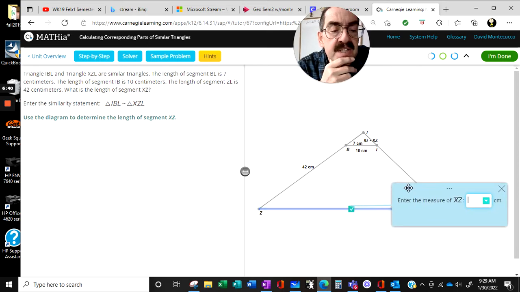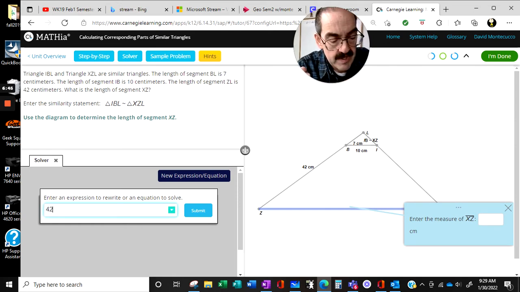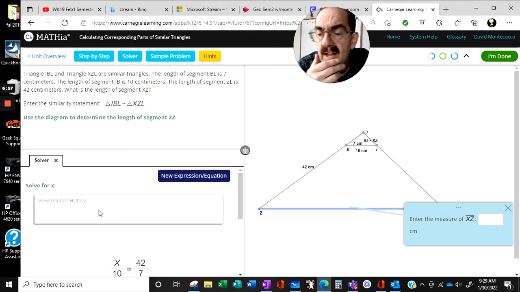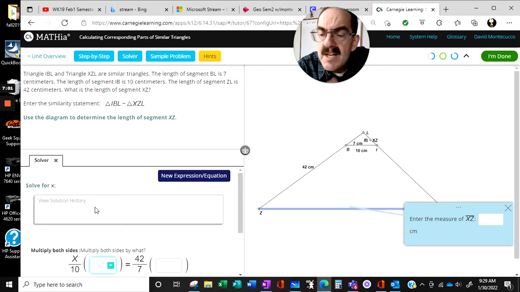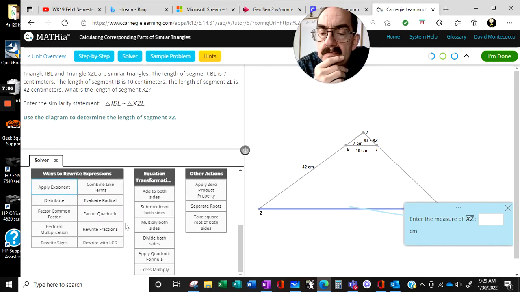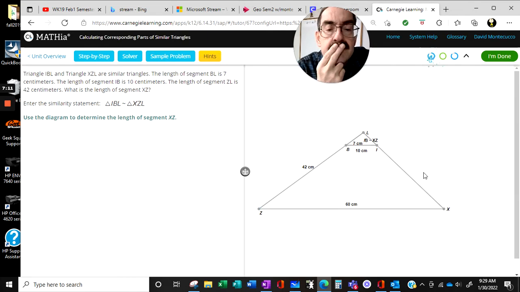So the measure of XZ, we can use our solver if we want. 42 is to 7 as x is to 10. Okay, so we're going to multiply both sides by 10. Boom. X is 60. Cool. Rock and roll is here to stay.